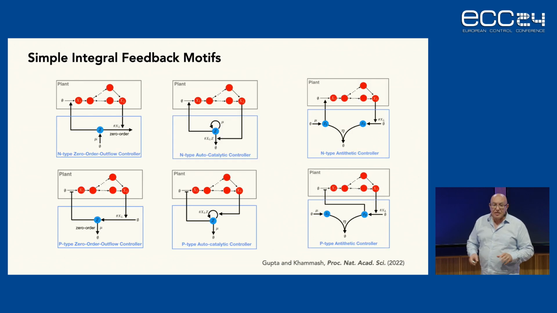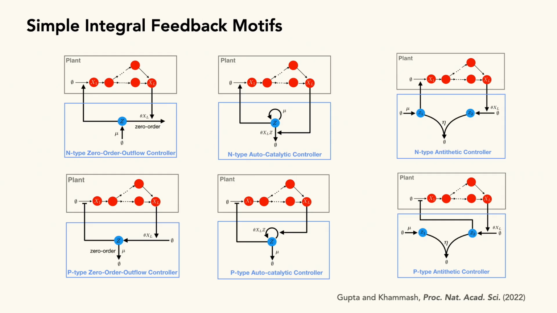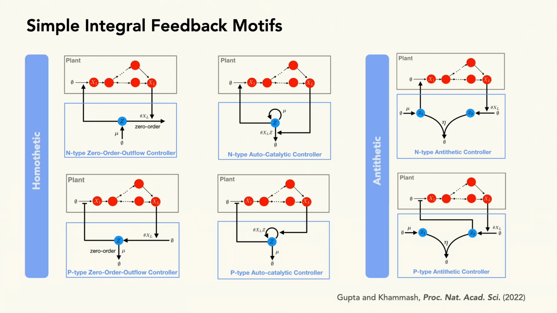Now, one can characterize all integral controllers, both deterministic and stochastic. I'm not going to show you this here. So here I'm showing you 6 different simple integral feedback controllers. But it turns out that the 4 on the left will all deterministically achieve the integral feedback, but only the ones on the right will do it in the stochastic regime.